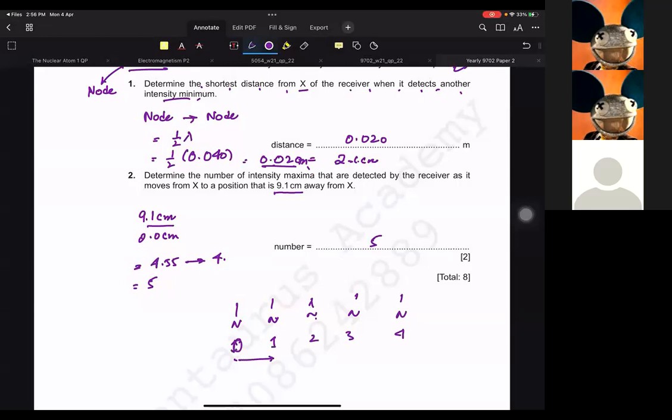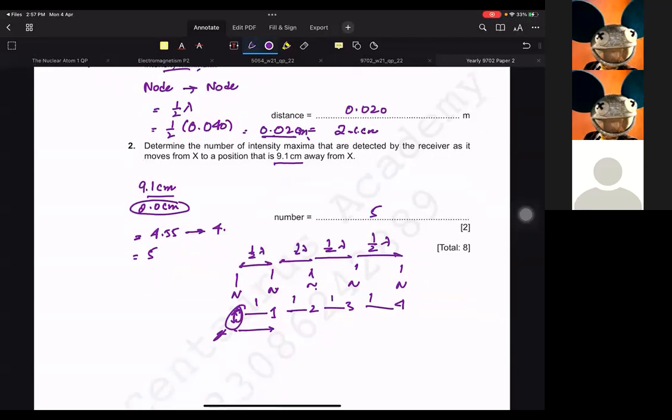So the total number of nodes would be 5, but the total lambdas that we have counted are 4. By dividing by the distance, this is half lambda, this is half lambda, this is half lambda, so we have found how many half lambdas there were. There are 4, but how many nodes are there? There are 5, because we should include the 0th one as well. Understood?